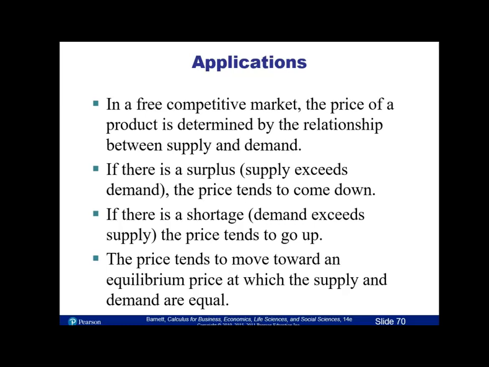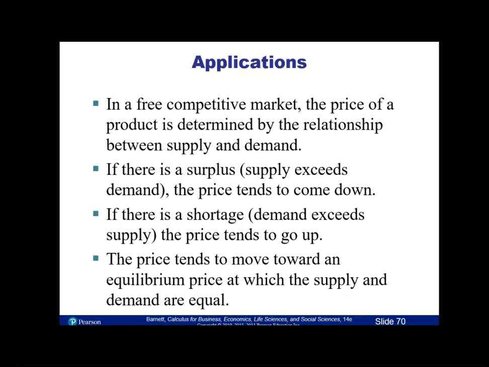Okay, so the last type we want to look at is working with the price-demand models. So in a competitive market, the price of a product is determined by the relationship between supply and demand. As the supply goes up, we're talking about a surplus. That's when the supply exceeds the demand, so more is being produced than there's actually a need for. That's going to cause our price to come down.